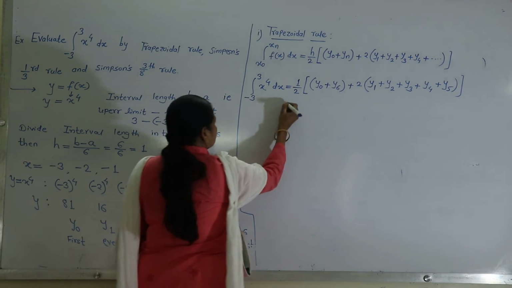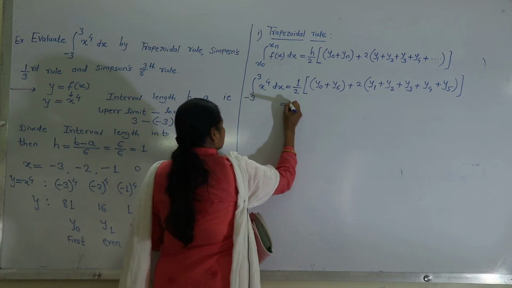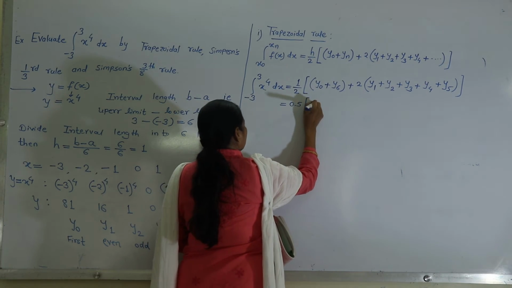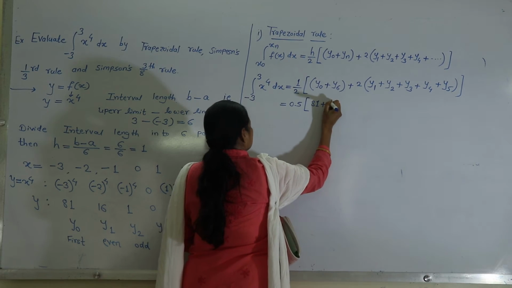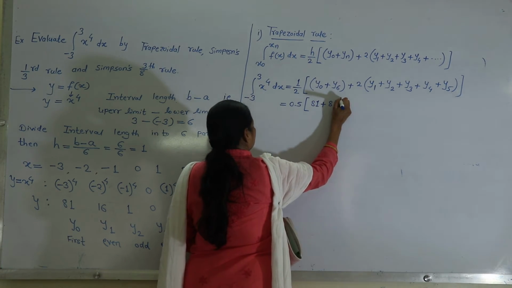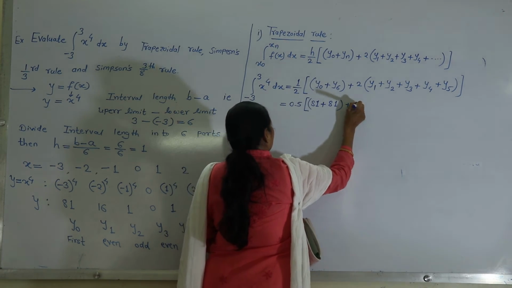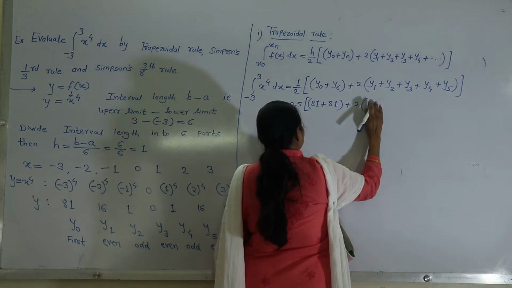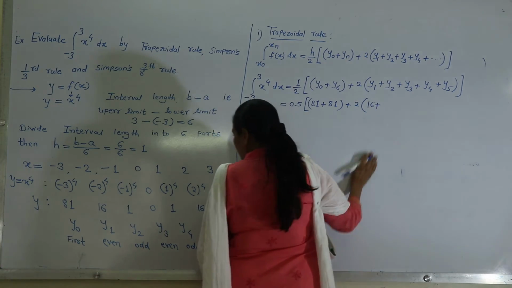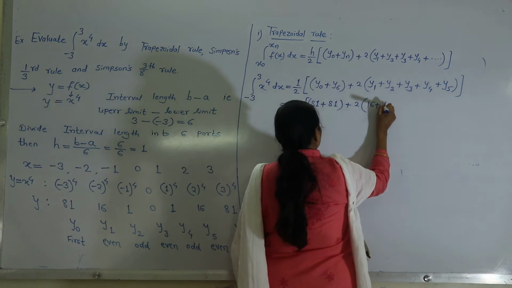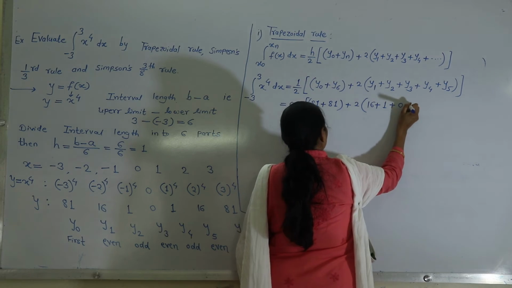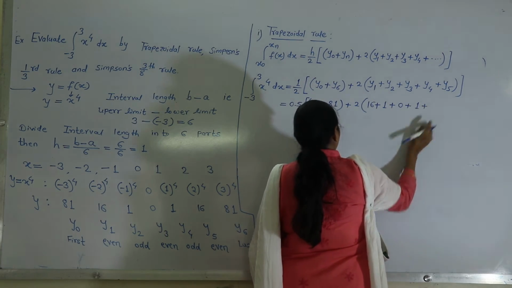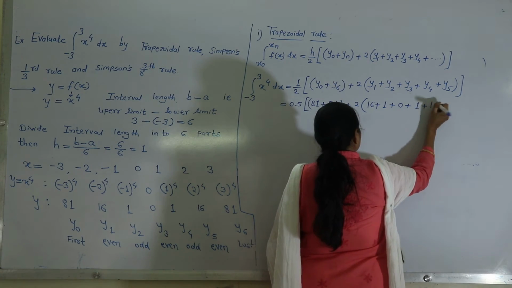Now put in your values. 1 by 2 means 0.5 in bracket, y0 is 81, y6 is also 81, plus 2 times (y1 is 16 plus y2 is 1, y3 is 0, y4 is also 1 and y5 is 16).